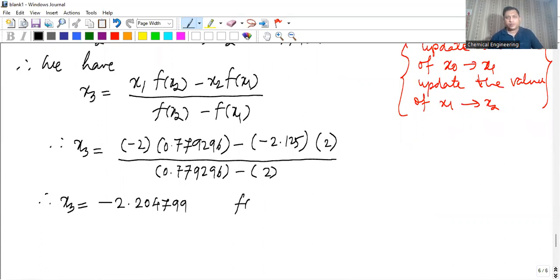Okay. So calculate the value of f of x3 now. So is it coming to be minus 0.103436?